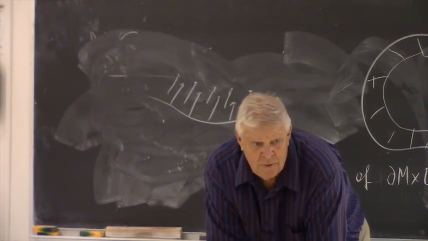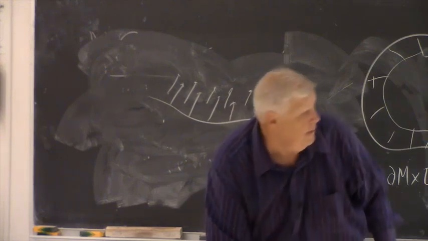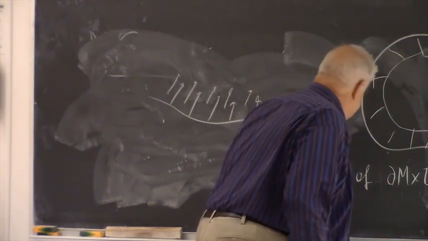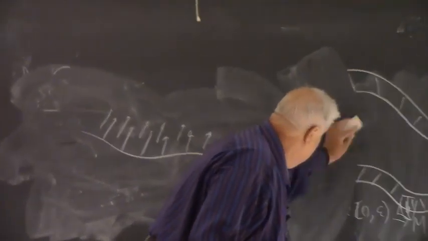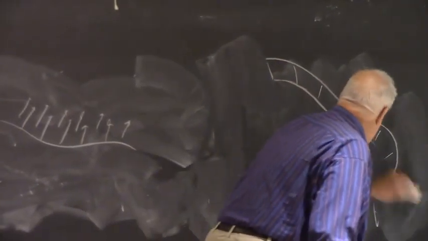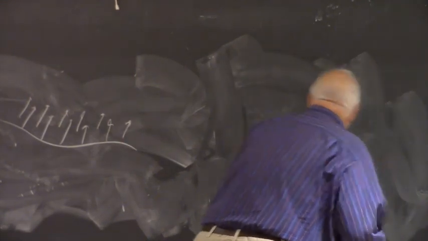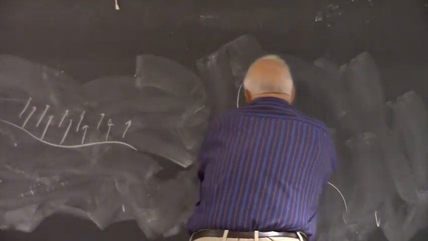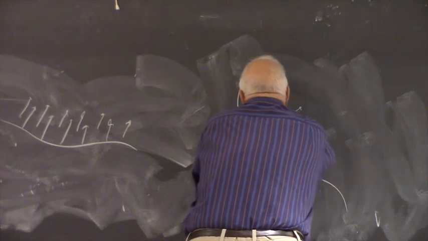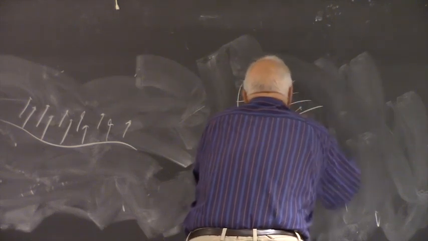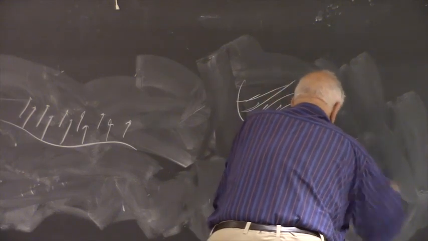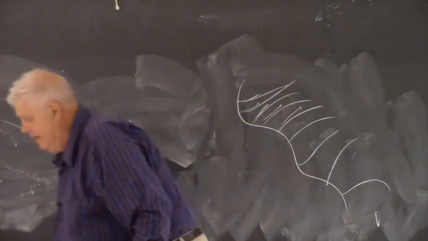And as usual for a vector field, we have a flow. I erase it, but actually I will get again more of the same picture. So this is part of the boundary, this is my vector field, and a flow is precisely what we need.